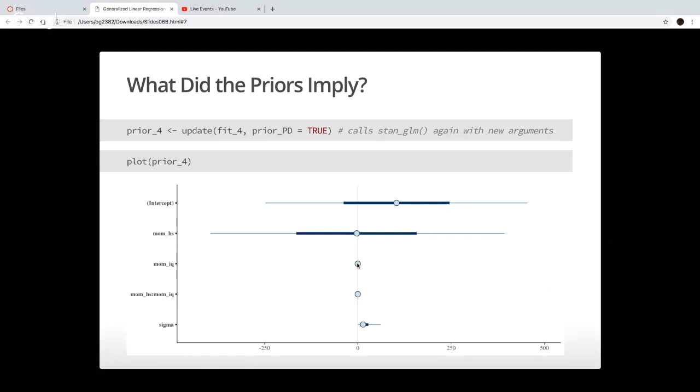Oh, yes. What would give you pause here? Or what's the point of doing this, I guess? What would you find? My takeaway from this is that the priors on the intercept and on whether the mother graduated from high school are very weak. They could probably stand to be narrower.